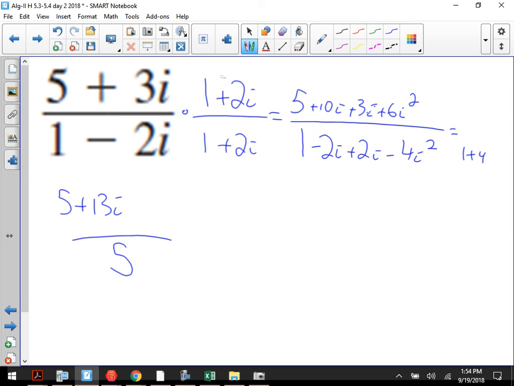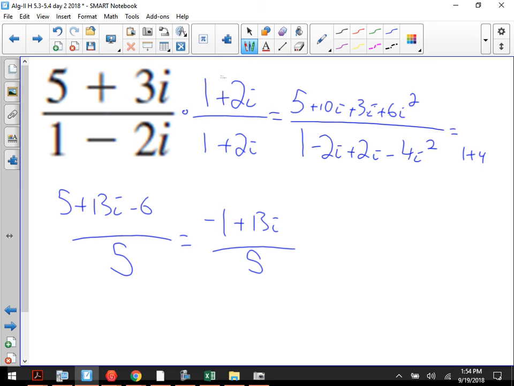Negative 6, good. So my final answer is negative 1 plus 13i all over 5. Anytime you have i squared, you rewrite it as negative 1 and multiply them together. There's no longer an i value in the denominator. We change the format of it by multiplying by its conjugate.